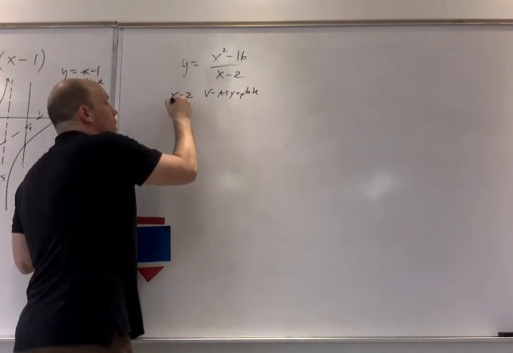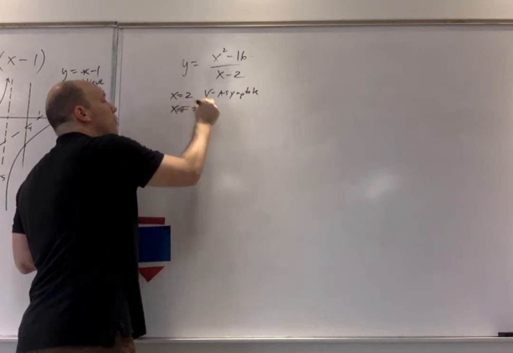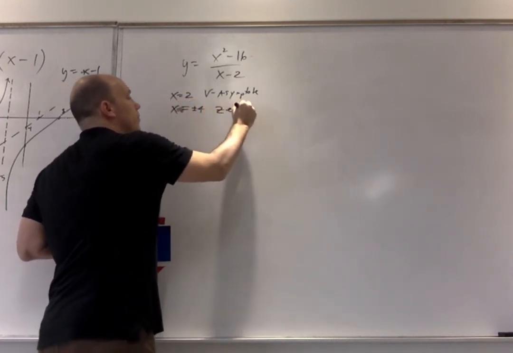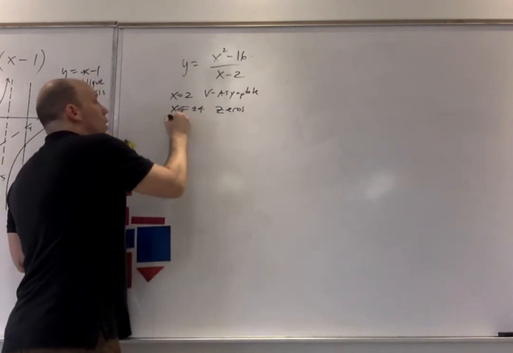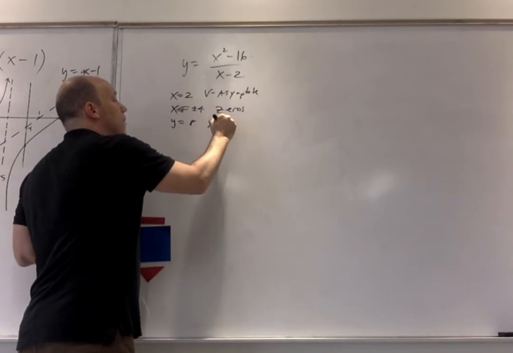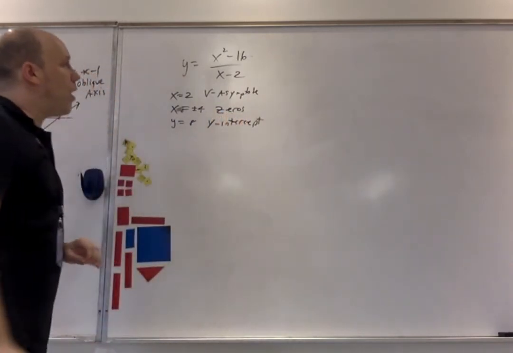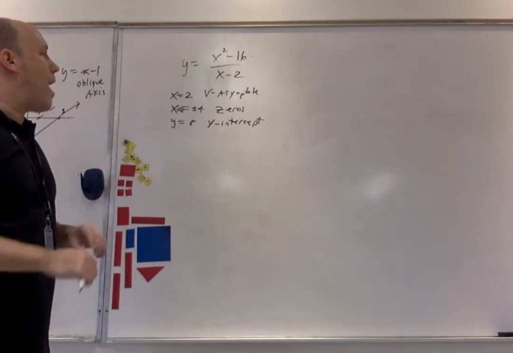We know that x equals plus or minus 4 are zeros. We know that y equals 8 is a y-intercept. The question is, where's our other asymptote?